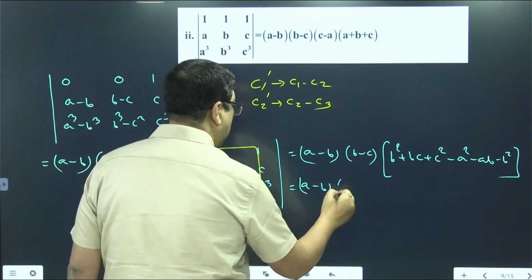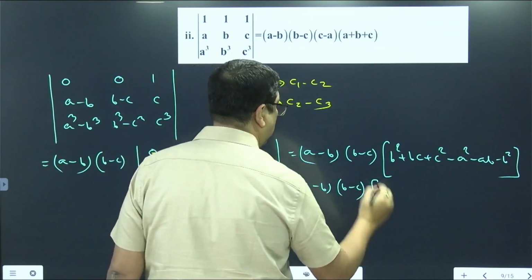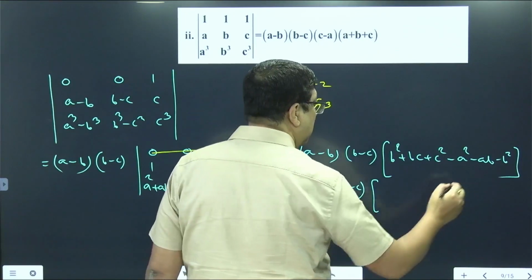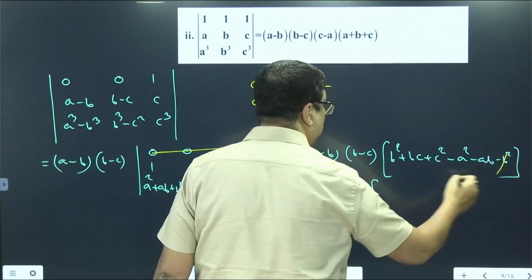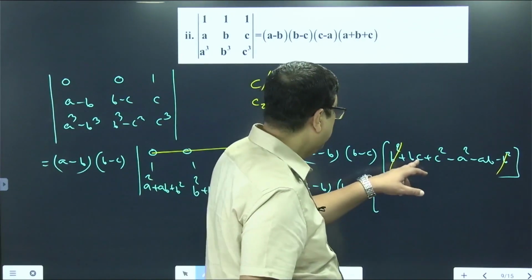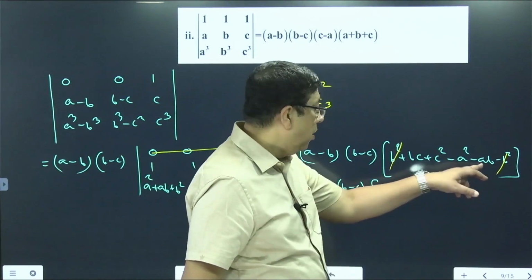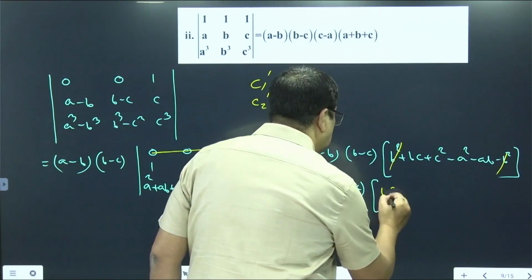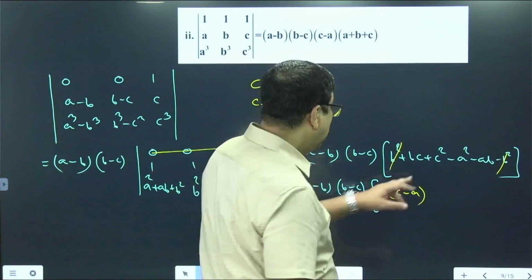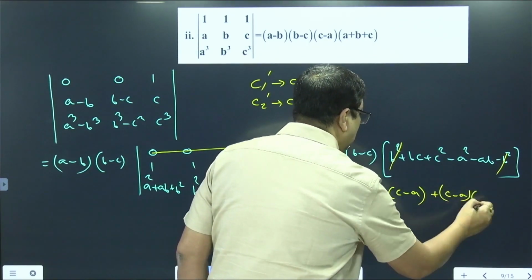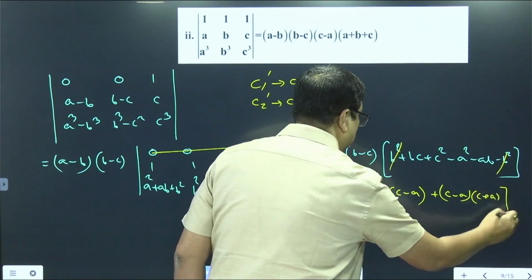Now let us calculate. (a minus b), (b minus c). If we calculate here, what are we getting? This b square is getting cancelled, and from these two, bc and ab, what is coming common? If we take b common, this is c minus a, and here it is c square minus a square. I am writing (c minus a) into (c plus a).